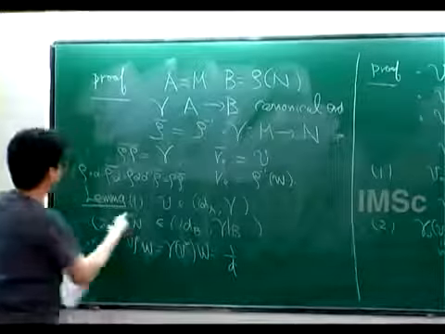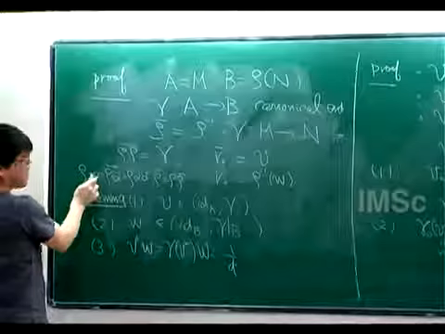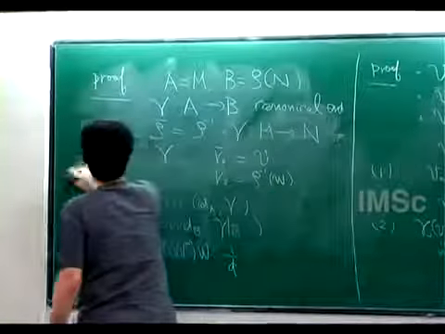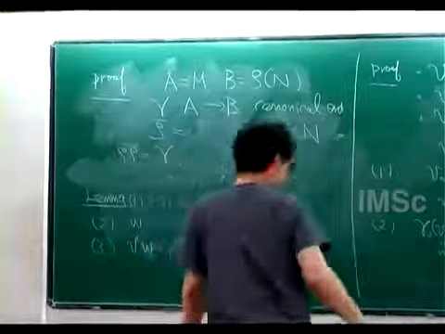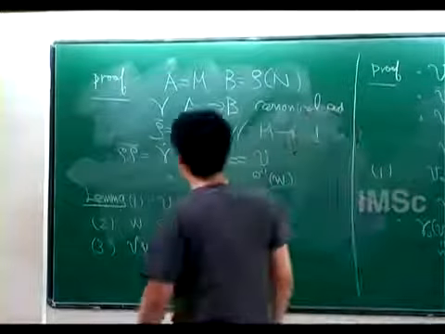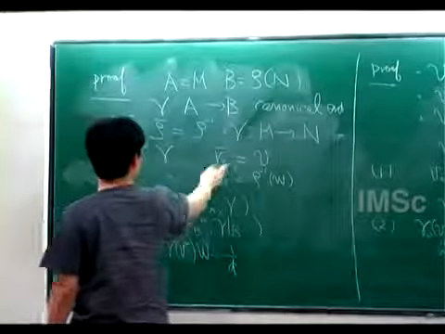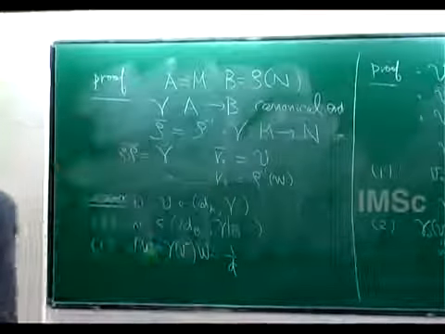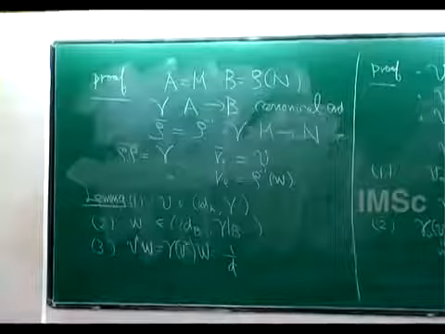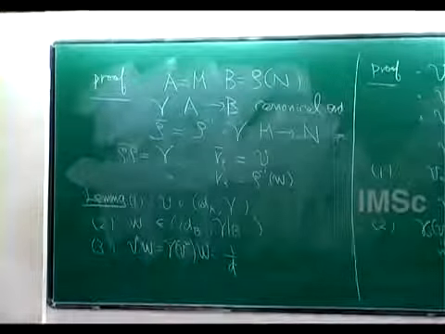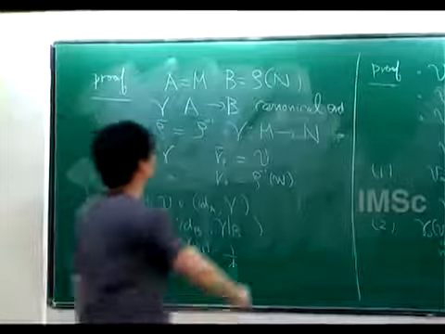So you actually have freedom to put the alpha here. Then this relation is just this one, and the other one is this one. So this is the proof.